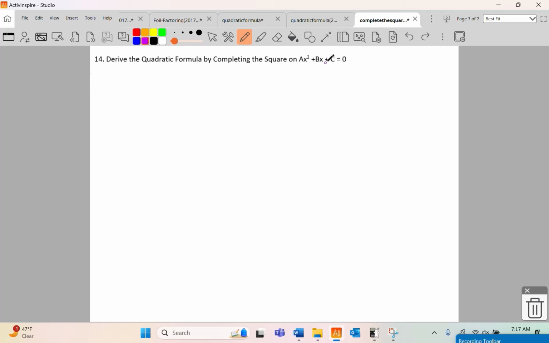Anyways, we're going to follow our steps, and the first step is to divide all terms by a. That'll be x squared plus b over ax plus c over a, still equal to 0. Now we're going to move that piece to the left.